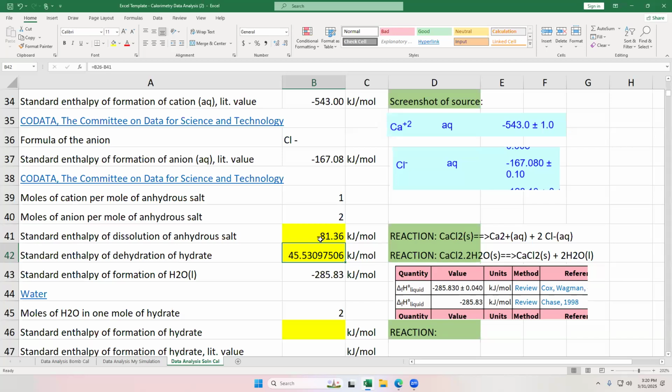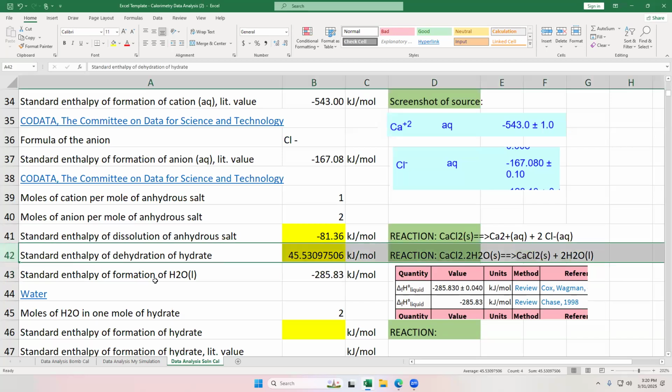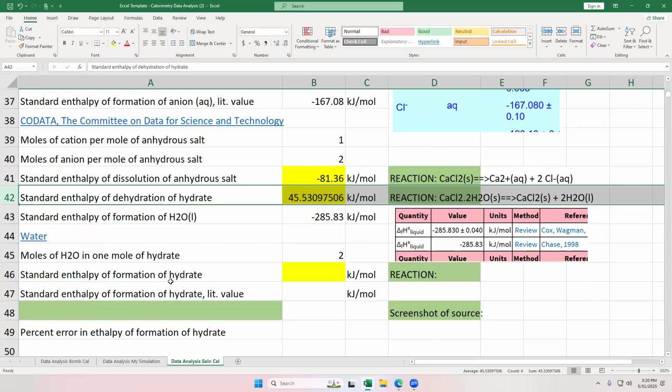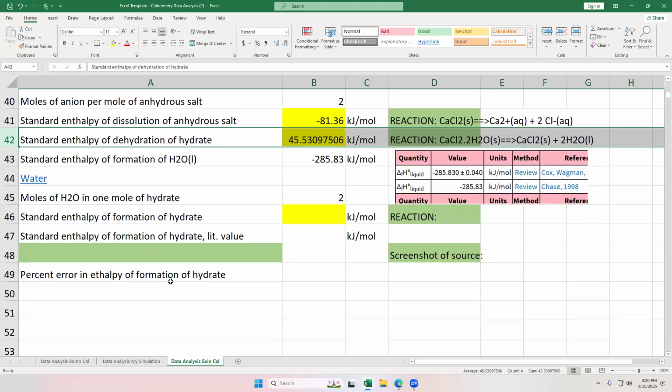Yeah, it's a decomposition reaction. In fact, one of our traditional freshman chemistry experiments is you have a hydrate, you heat it up, you remove the water of hydration. It's an endothermic process. All right, so that was the purpose of that step, for you to be able to apply Hess's law. So for your unknown in the lab, you should be able to calculate the enthalpy of dehydration of the hydrate.